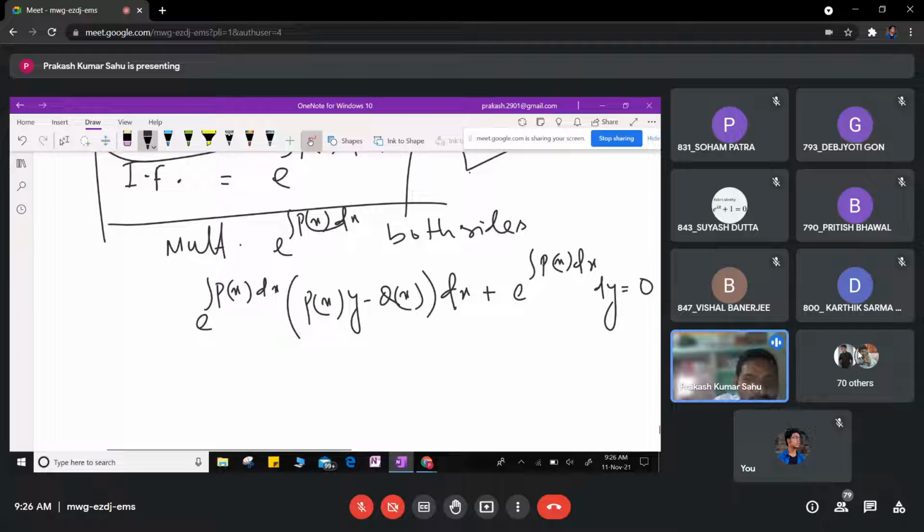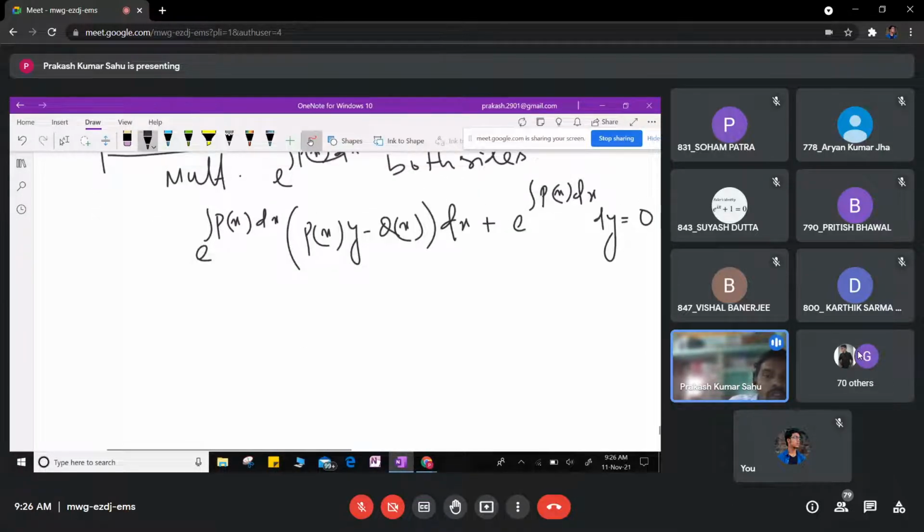This comes, yes or no? Yes. Here you see what is your M star and N star. This will be exact. You may not check, no problem, but you can easily find the solution. Del M star by del y is equal to del N star by del x. This happens automatically; the theory says that. So this is exact.